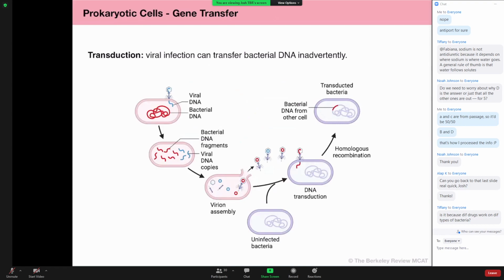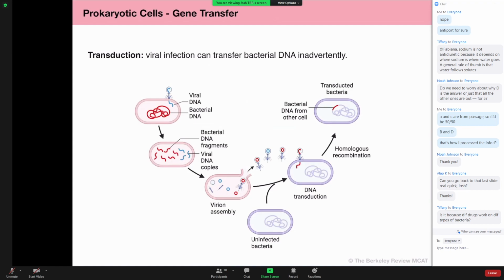Okay, there's something called transduction, and this is where genes can get transferred via bacteriophages or via viruses, where you can actually have a virus bind to a bacteria cell, inject its own DNA, right? Which can get in here, hijack the system, create a bunch more viruses, lyse the cell, viruses get out, right?